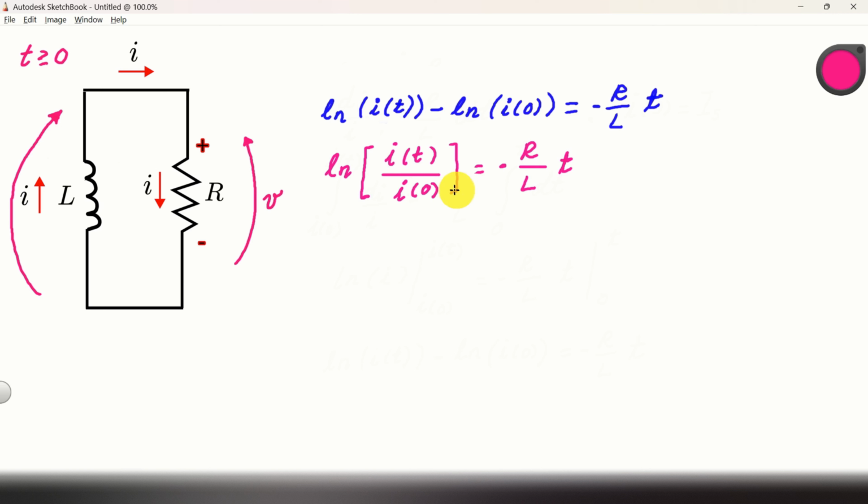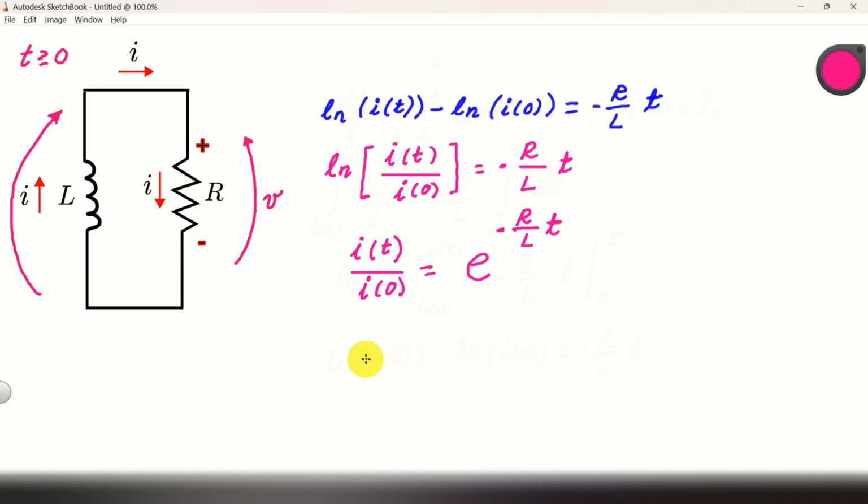Now, let's solve this equation. Obviously, I of t over I of 0 is actually the exponential function of minus R over L multiplying t. Here I have the exponential function, since the exponential function is the inverse of the ln function.